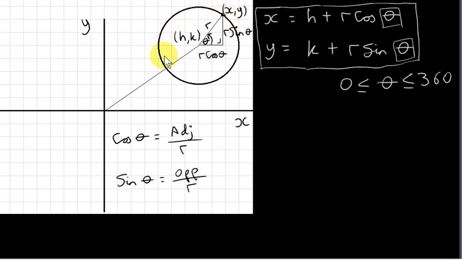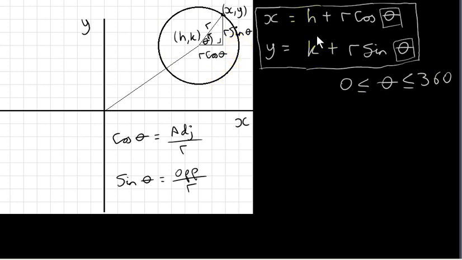So to generate points on our circle, we just need to plug in different values of theta. Of course, we're not restricted to this range shown here. I could pick a value greater than 360 degrees, it doesn't matter. But if we take all values of theta from 0 to 360 degrees, we will generate all the points on the circle.